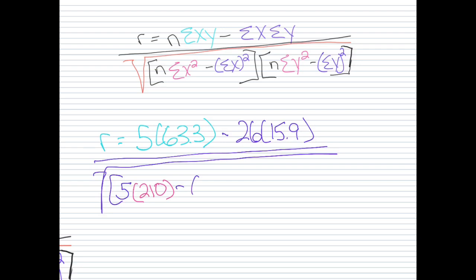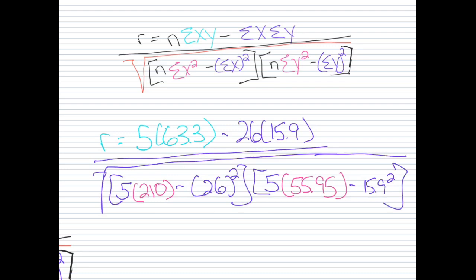I'm going to write that in pink, keeping consistent. Then we're going to subtract the sum of the x's, which again is 26, and then we're going to square that. And so again, on the y side, the n is 5, of course. The sum of the y squared column was 55.95. Then we're going to subtract the sum of our y column, which was 15.9, and square that for the big square root. Okay, so now we're just solving for r.